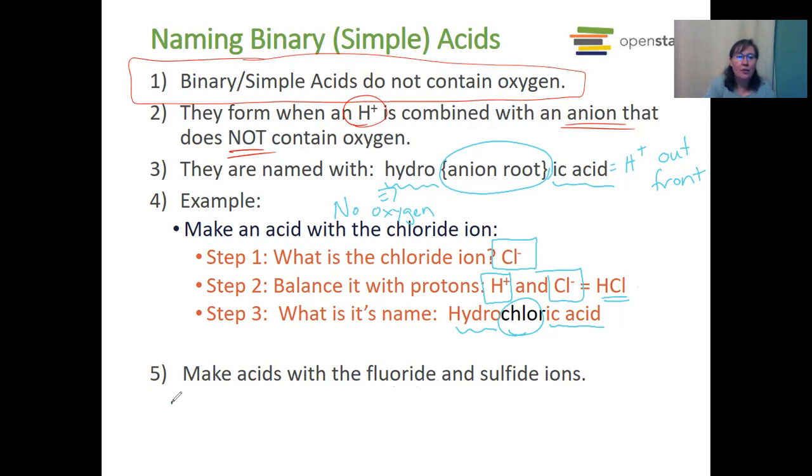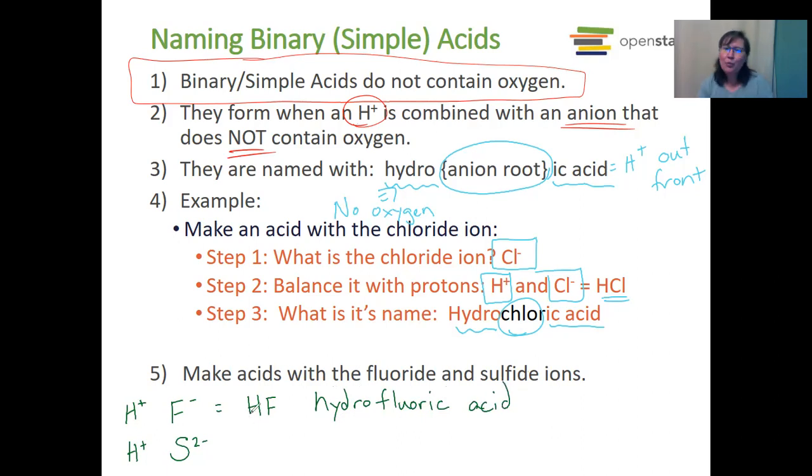Here's fluoride, F minus, and here's sulfide, S2 minus. We start by figuring out how many H plus or protons we need. Fluoride is just a 1 minus charge, so these balance as is, HF. There's no oxygen involved, so this becomes hydrofluoric acid.